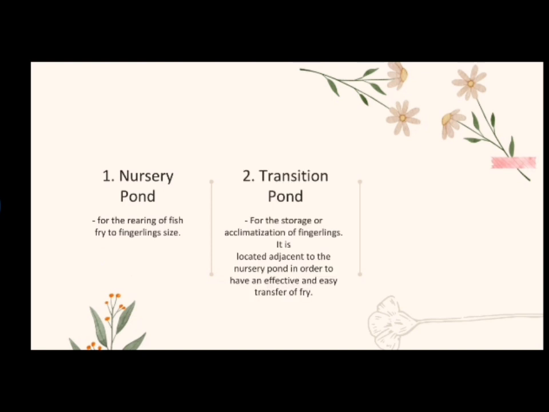Next is the transition pond. For the storage or acclimatization of fingerlings, it is located adjacent to the nursery pond in order to have an effective and easy transfer of fry. The transition pond comprises about 1% of the total production area.